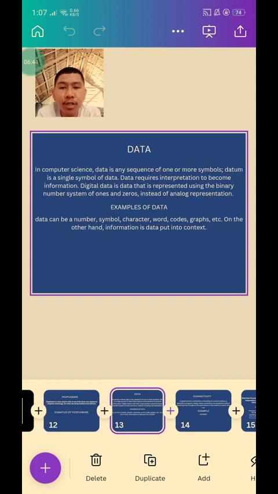Data. In computers, data is any sequence of one or more symbols; a datum, a single symbol of data, requires interpretation to become information. Digital data is data that is represented using the binary number system of ones and zeros instead of analog representation.